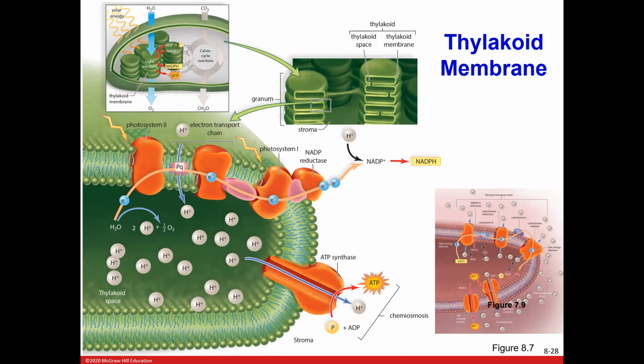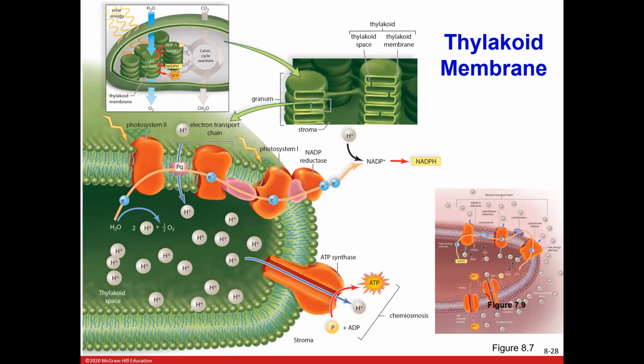So photosystem 2 is involved in splitting water. So we get oxygen, electrons, which is what we really want, and also hydrogen ions. When we remove the electrons, we also remove the hydrogen ions, right? So hydrogen ions are now found in this thylakoid space, right? So that's going to contribute to this hydrogen ion gradient.